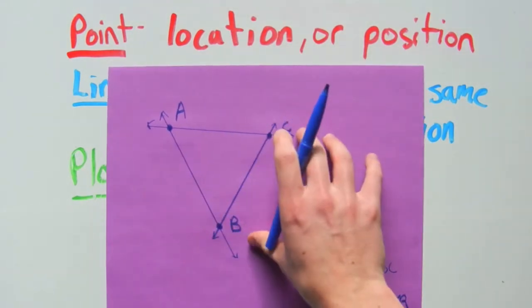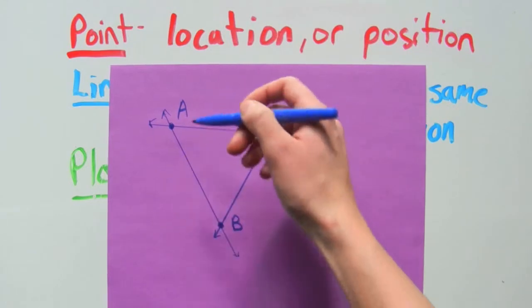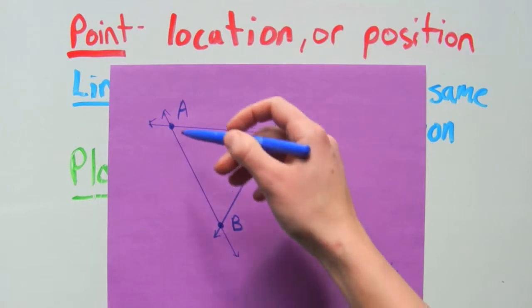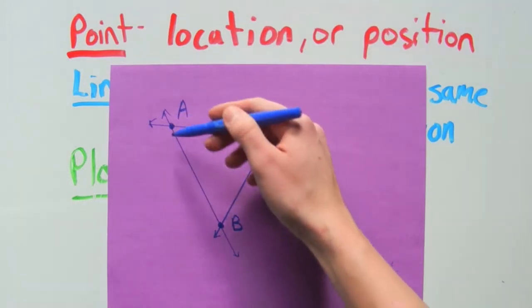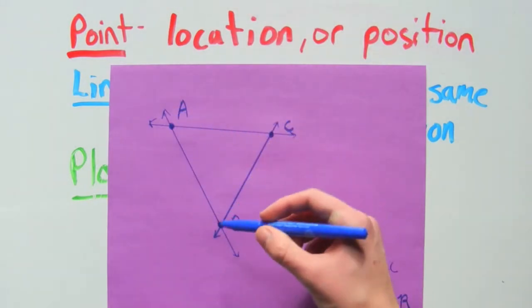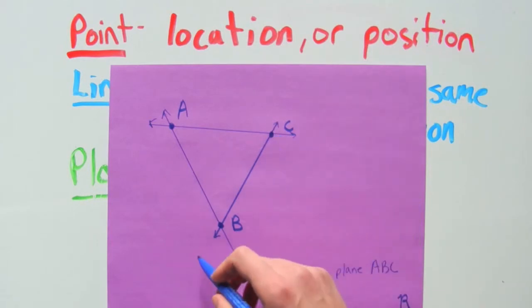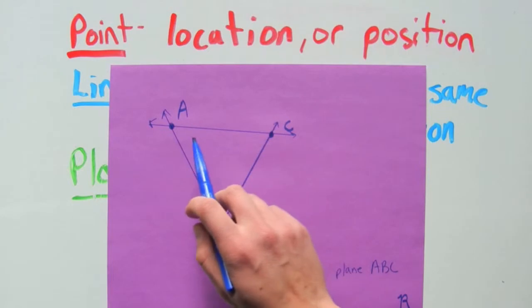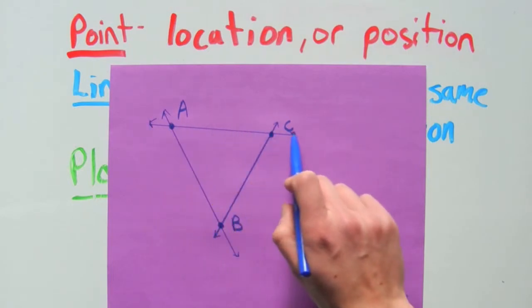Therefore, A, B, and C are not collinear together. Collinear means that a point lies on the same line. A and B are collinear because they fall on the line AB. B and C are collinear because they fall on the line BC. And A and C are collinear because they fall on the line AC.